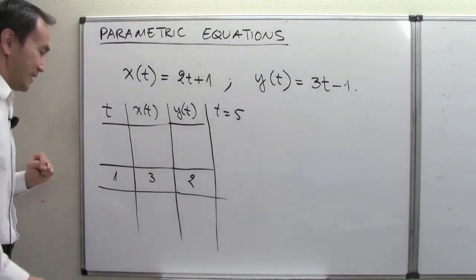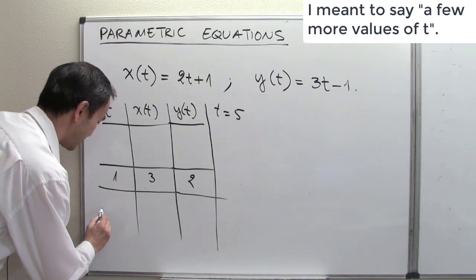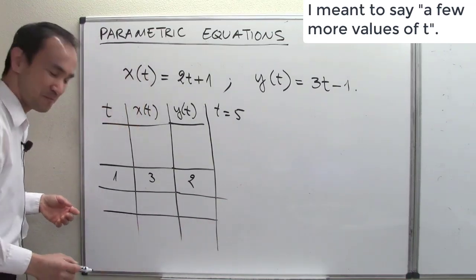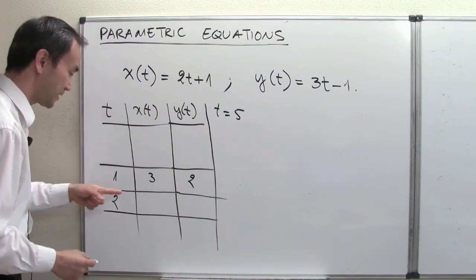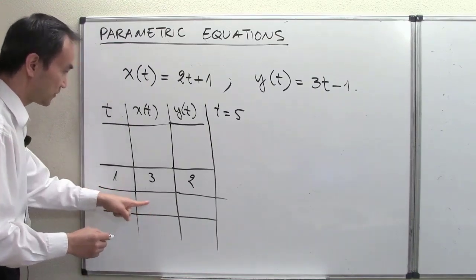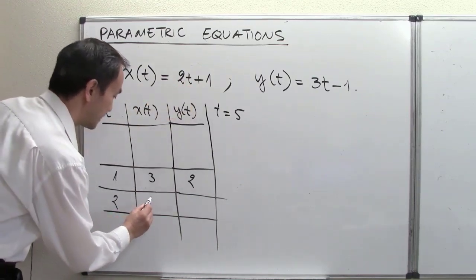And so we can keep doing that for a few more values, just to get some practice. So when t equals 2, for example, for x, 2 times 2 is 4, plus 1, that's 5.